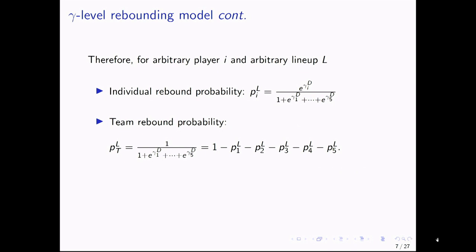We end up with the following equations for the rebounding probabilities. As we mentioned, the rates depend not only on the player's ability, but on everybody on the team, and the leftover space goes to the team rebound. In theory, you could estimate this just by maximizing the likelihood function, but it turns out that's really tricky to do in software, so we use Markov chain Monte Carlo and use the posterior means as our gamma estimates, and we use a flat prior across the parameter space.